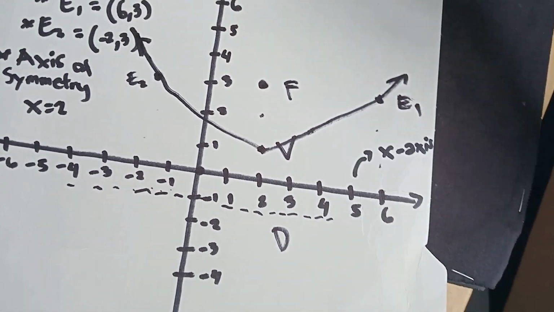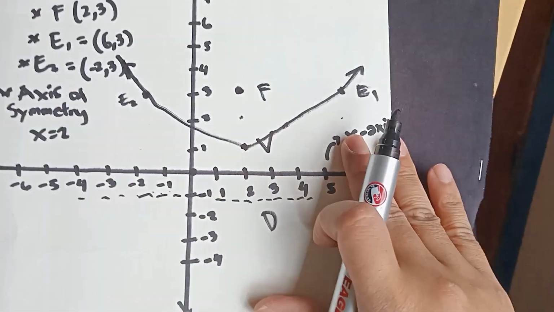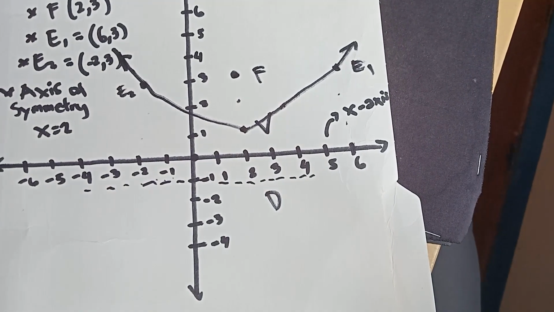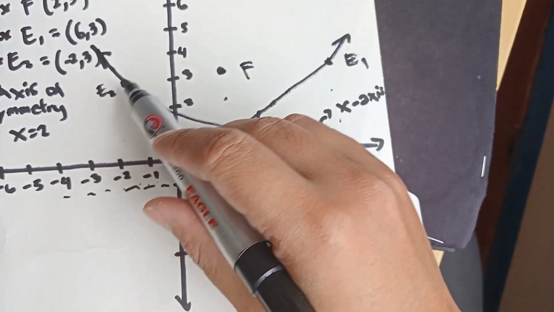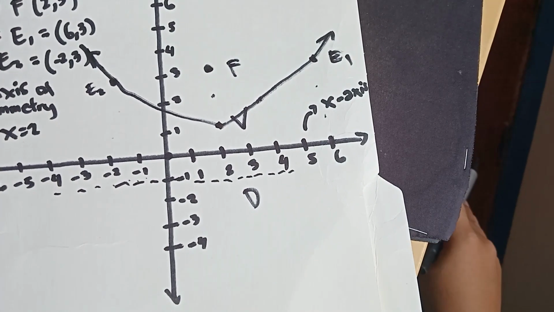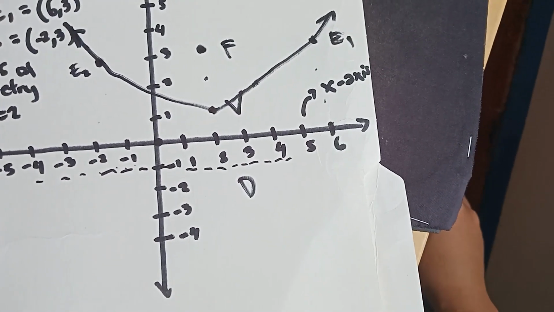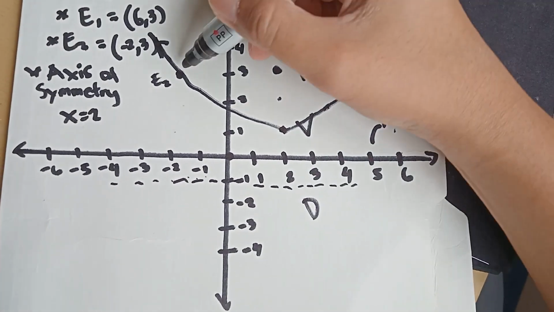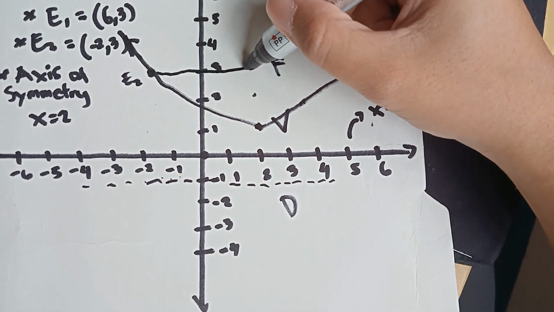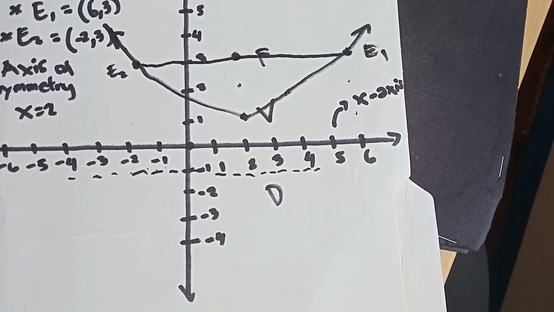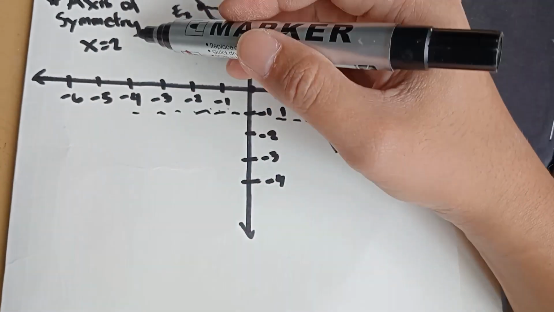That is known as a parabola that opens upward. To complete this one, we need to connect the 2 endpoints in order to visualize the length of the latus rectum. Just like that.